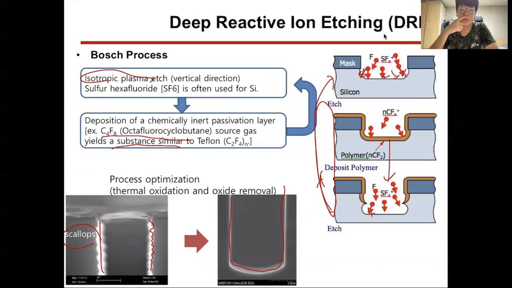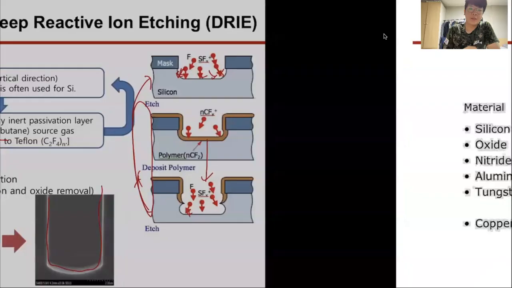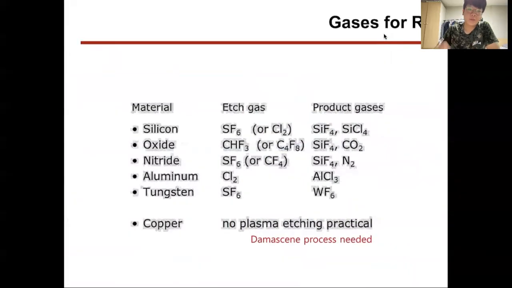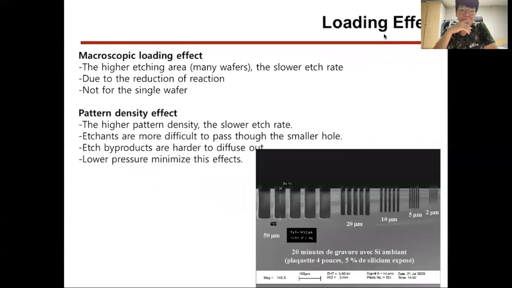We can also selectively etch using RIE, using different etch gases. However, copper cannot be etched using plasma. So we use the Damascene process.